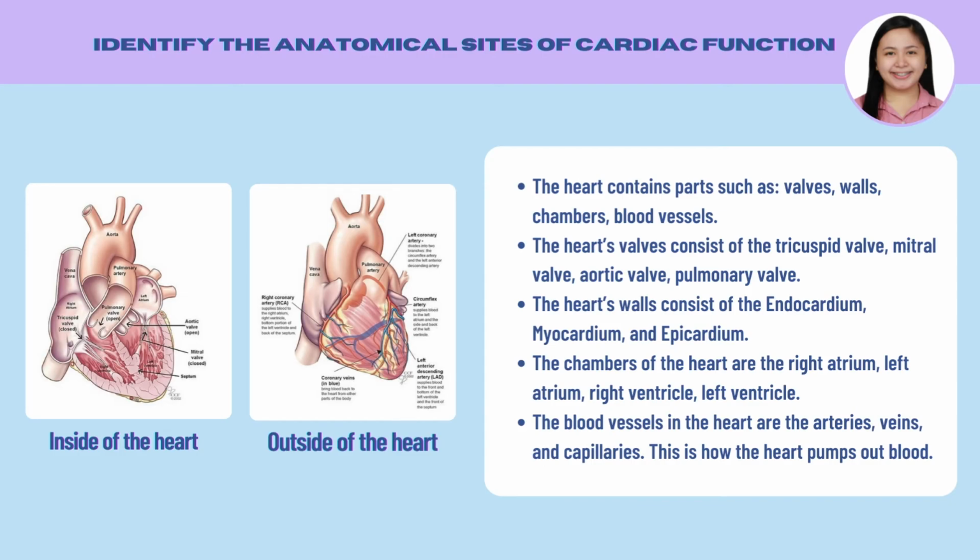The heart's walls consist of endocardium, myocardium, and epicardium. The chambers of the heart are the right atrium, left atrium, right ventricle, and left ventricle. The blood vessels in the heart are the arteries, veins, and capillaries. This is how the heart pumps out blood.